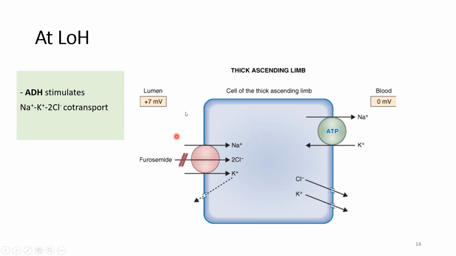This segment of the nephron is called the diluting segment. Basically, solutes are removed from it so that the filtrate becomes dilute. Even the paracellular pathways, the tight junctions between cells, are so tight that they don't allow water to come in. So you are separating sodium from its buddy water in this segment. This is the single effect.